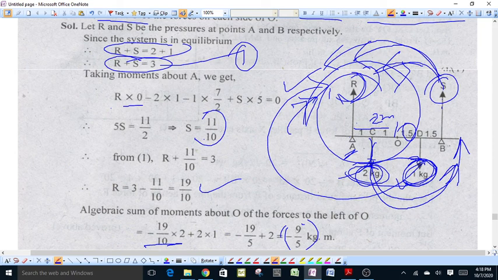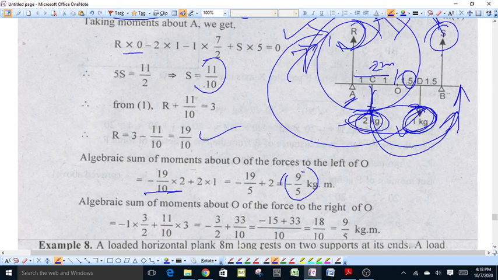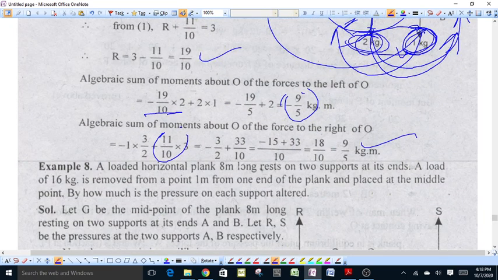Therefore, it is taken as positive, and that of the 1 kg force about O will be taken as negative, because the moment of this force is clockwise sense. So, minus 1 into 3 by 2 plus 11 by 10 into 3 will be equal to minus 3 by 2 plus 33 upon 10, which comes out to be 9 upon 5.